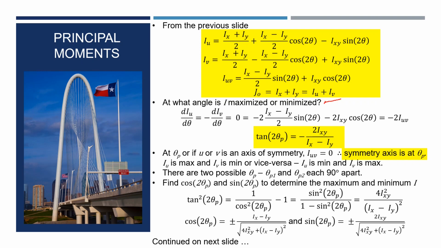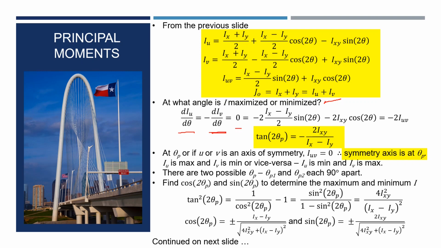What angle can you place the coordinate system, the principal axes, so that the moment of inertia is maximized or minimized? And we just take the derivative of I sub u and I sub v. dIu d theta equals negative dIv d theta.